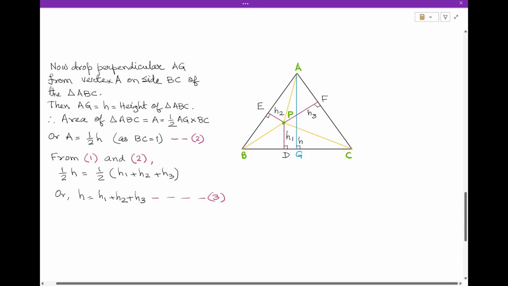Now, draw perpendicular AG from vertex A onto side BC of triangle ABC.